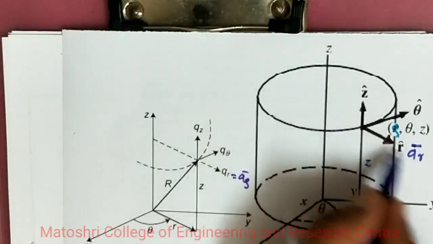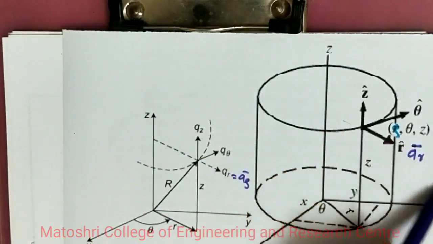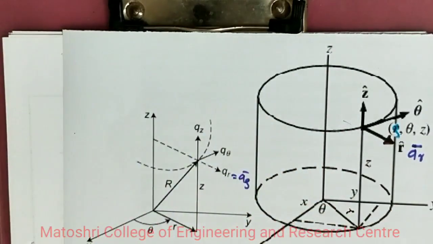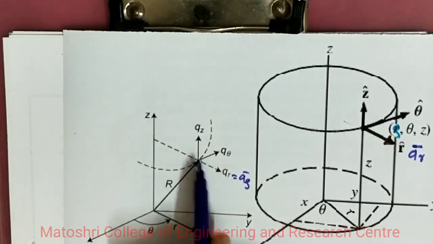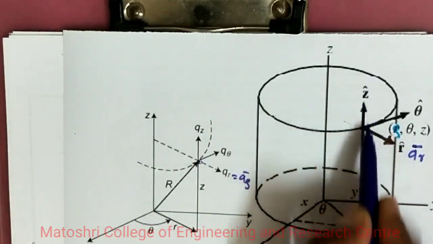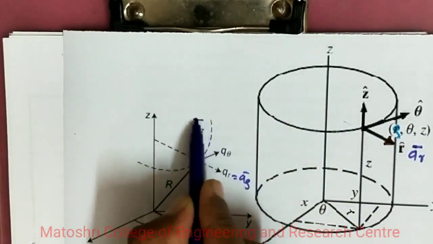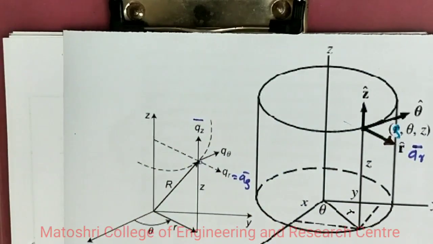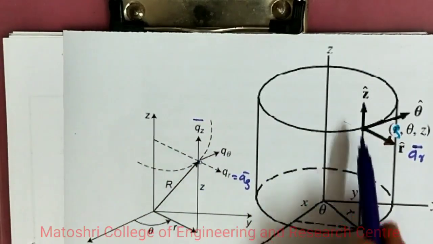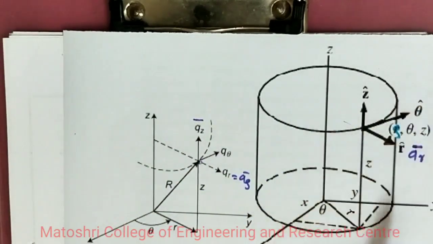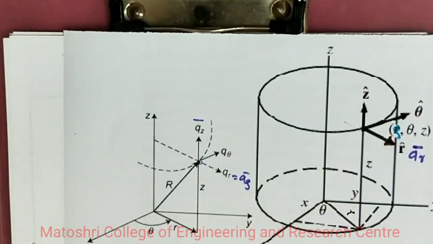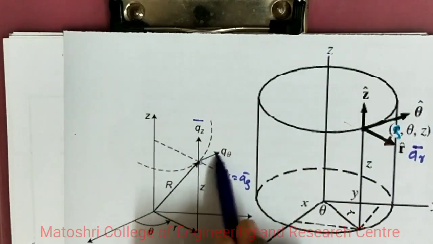Because when you move outward, the radius of the cylinder increases, and the unit vector always lies along the increasing coordinate. From this point P, the z coordinate varies in the upward direction. That's why the unit vector along the z axis is AZ bar. Similarly, when you move towards the y axis, your phi angle increases. That's why A phi is along this direction.